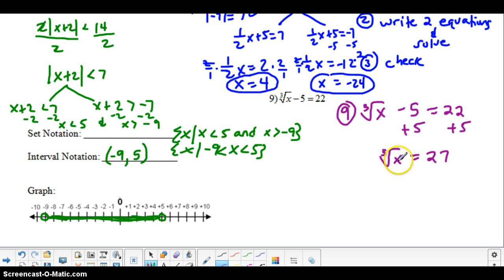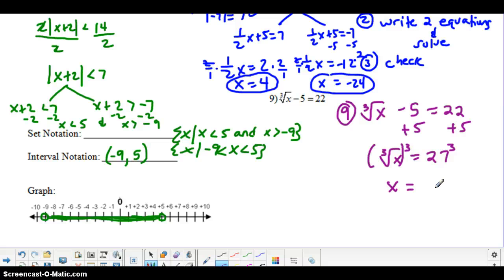Now, this really means x to the 1/3. So the only way to get x by itself is to cube both sides. So that will cancel out the cube root, and it won't change the problem. So x will be by itself now because that cancels that. And then 27 cubed, that's a huge number. Let's use the calculator.